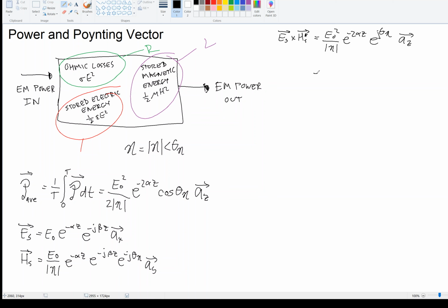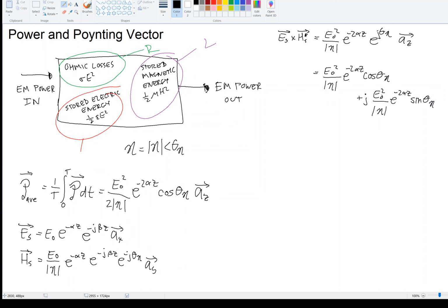All right. Now let's just use Euler's formula. And so we can write this as cosine of theta eta plus j times the sine of theta eta.